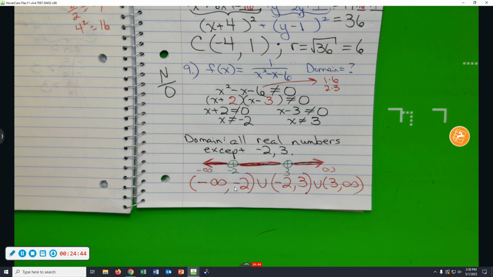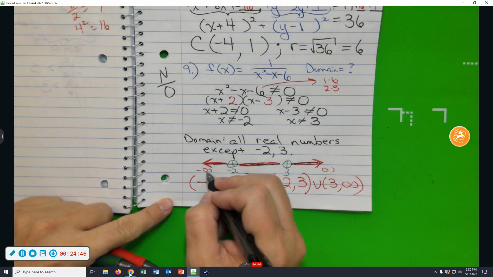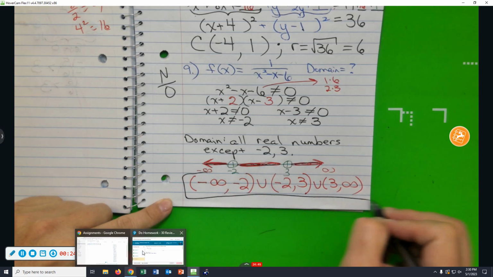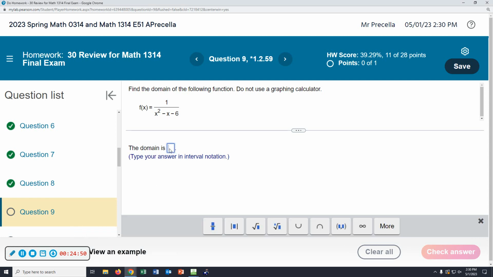Oh, no, I didn't mix up the negative. For some reason, on the first one, I never use that. Infinity. I'll go tab, but okay. What is it? Negative 2.